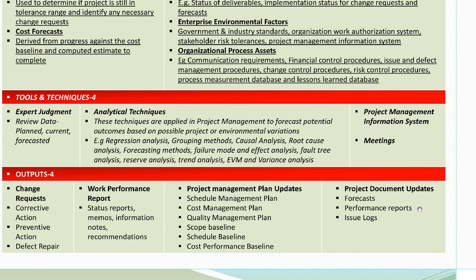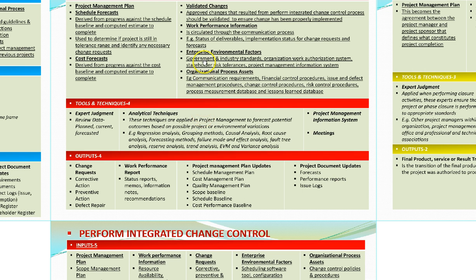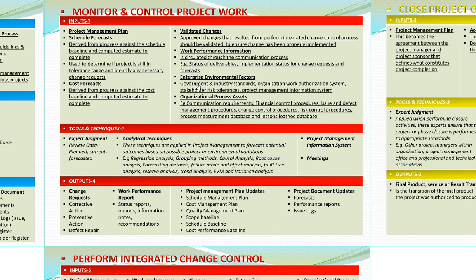If the team is not performing well, if we are behind schedule, we have to update that. We have to update the issue logs, as in, has the issue been resolved, or is the issue still pending? How much time do we need to resolve this issue? When are we going to resolve this issue? So all that will be your outputs for monitor and control project work.